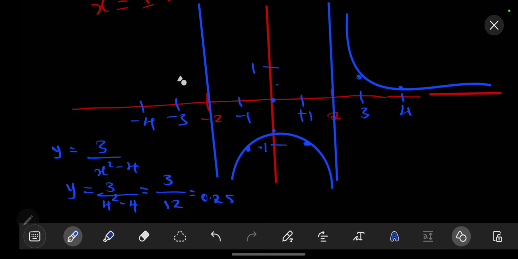So if I put negative 3, it will be 0.6, which is here. And if I put negative 4, it will still be 0.25, because negative 3 squared will be positive, giving me the same thing. So to join them, I'm just going to have something like this.